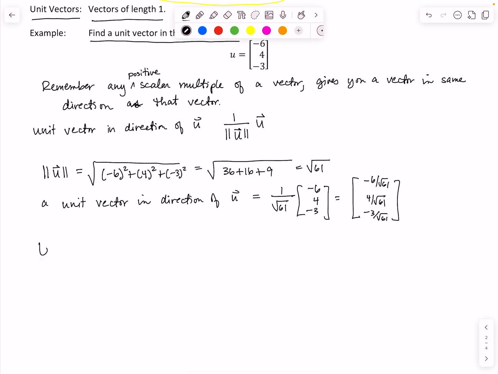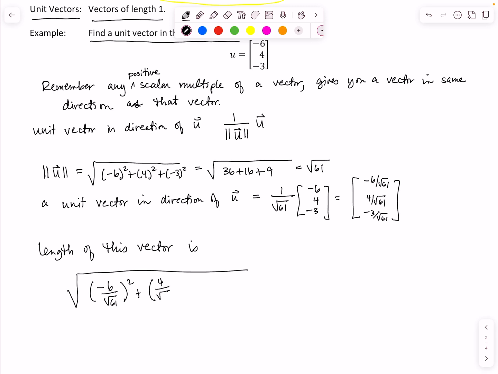Now let me show you that the length of this vector is indeed 1. This is going to be the square root of the first entry squared, the next entry squared, and then the final entry squared.